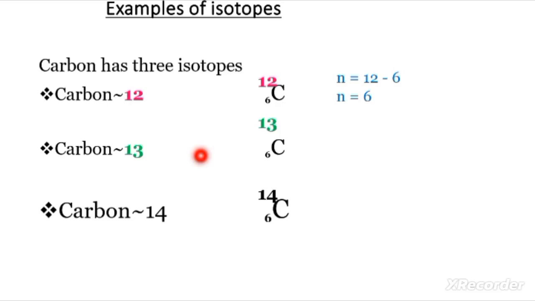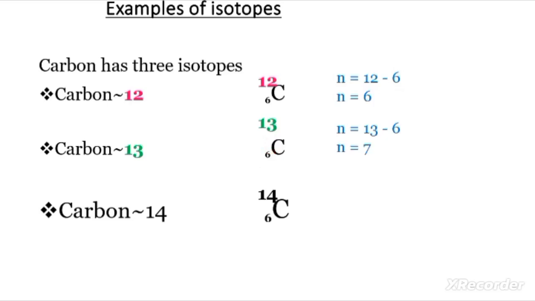Let us also find the number of neutrons for carbon 13. We apply the same concept: the number of neutrons is equal to 13 minus 6, which is the atomic number, is equal to 7.